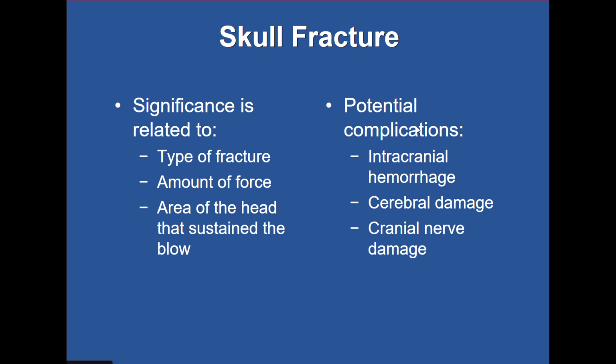So we're looking at where the fracture is, how much force, and then what fracture resulted, and that's going to lead us down the line of, could there be intracranial pressure? Could the brain have actually been physically damaged? Is there pressure on the brain? How are our nerves? And go from there.